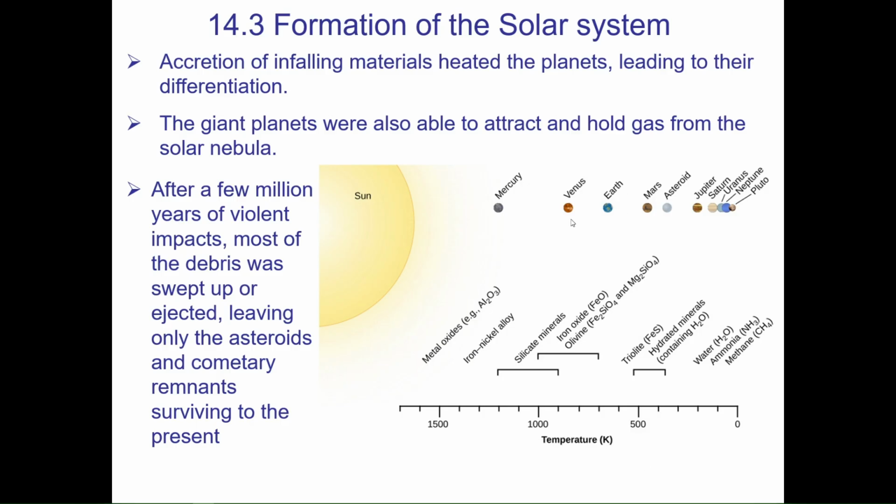And of course, at the same time, we believe Venus, Mars and Mercury were all impacted by comets, so they may also have begun with some water.